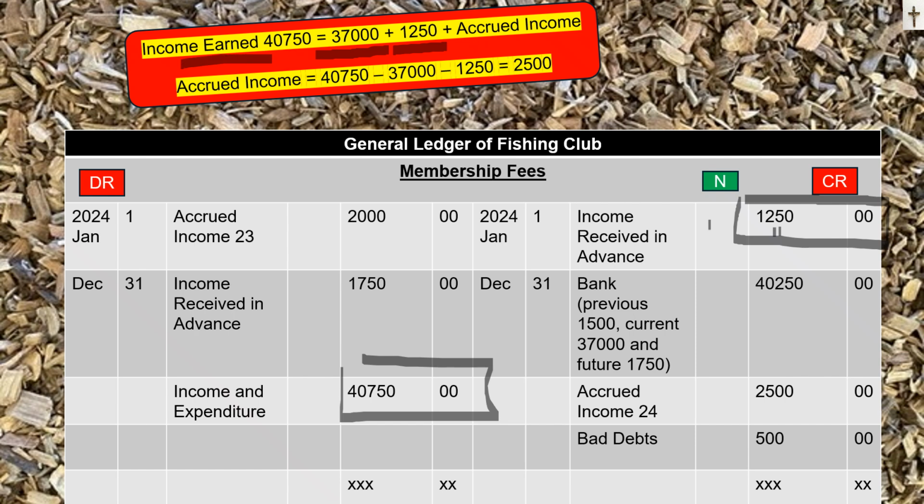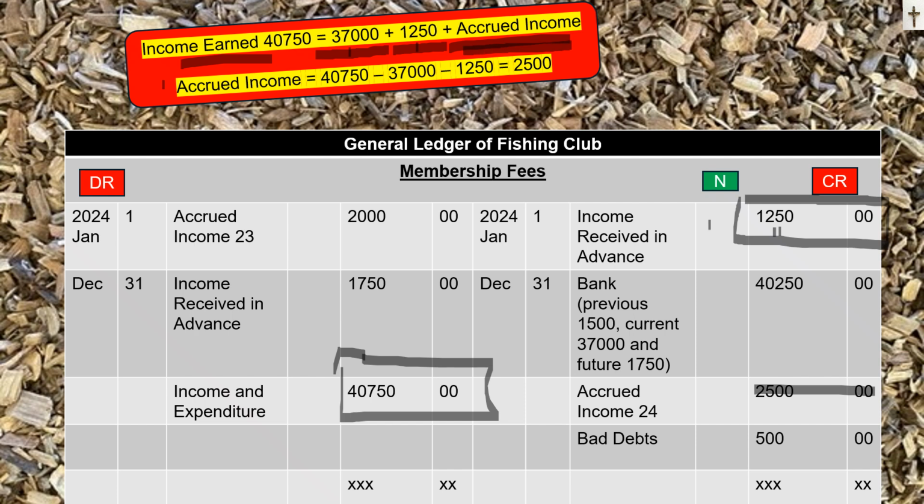So income earned of 40,750 is equal to 37,000, the cash received, plus the income received in advance at the beginning of the year, plus accrued income. Now at this stage we didn't know what the accrued income was. We'd solved for everything else except for the accrued income. They don't give us too much detail there, but we can work it out.